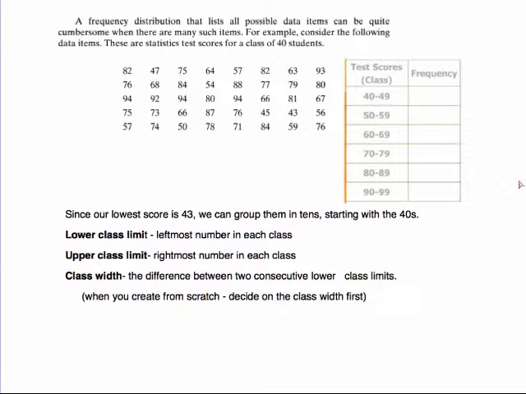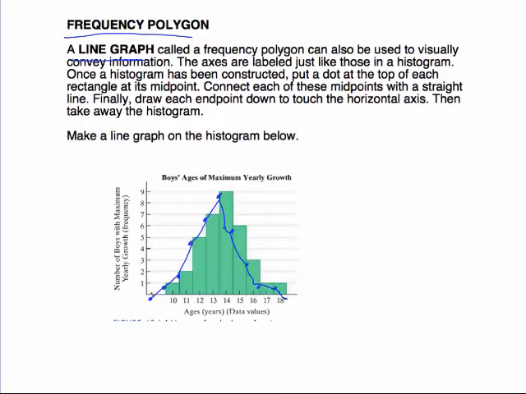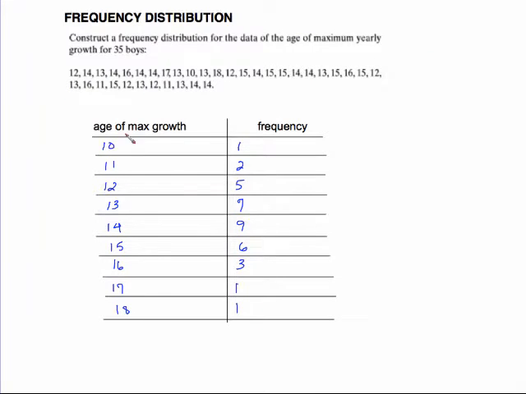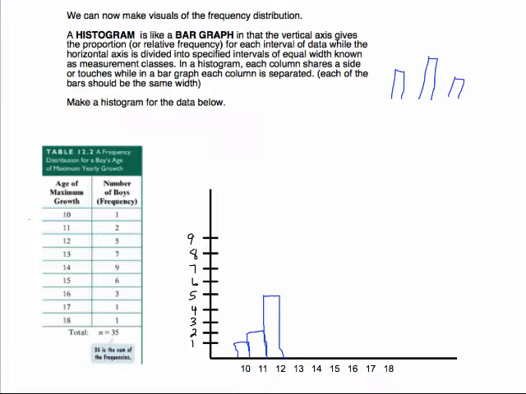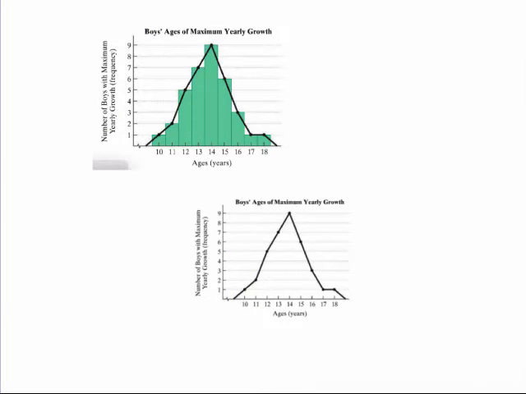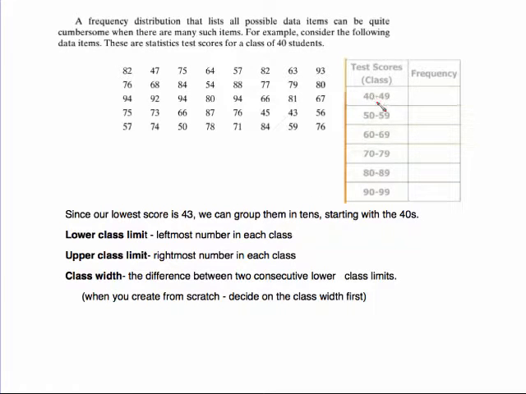All right, something else we're going to do is take data, and instead of doing all of these tally marks like we did back here, we're going to group these things into little classes. So with these numbers, I've chosen to group these in increments of 10. I could have done increments of 5. You get to choose.